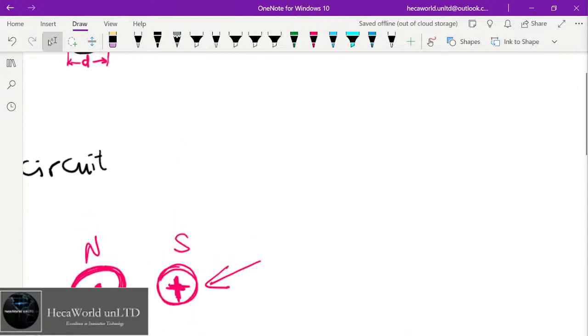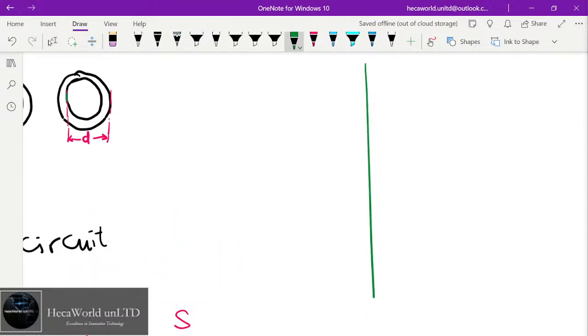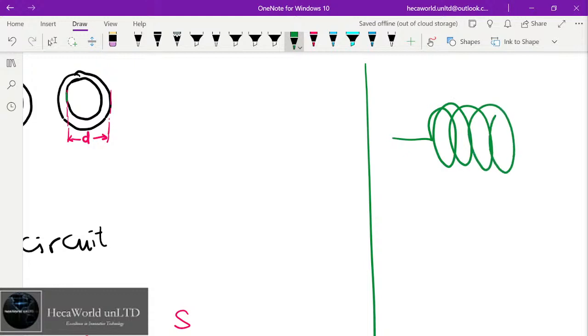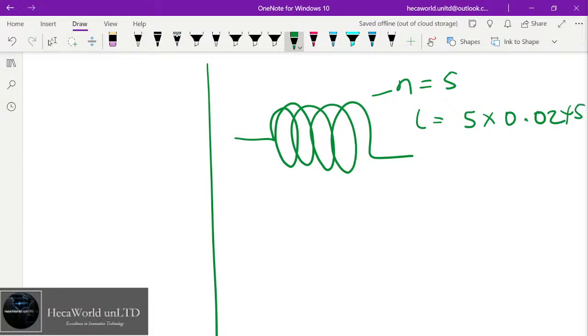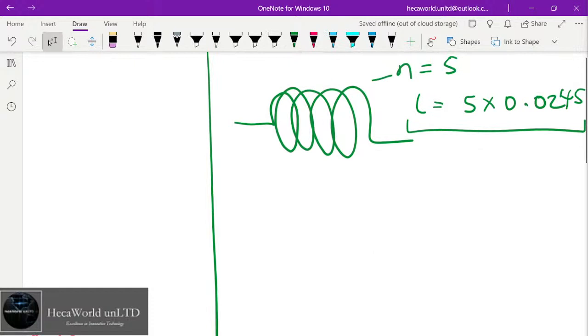Now, what we did yesterday in that video tutorial was we just made a coil of 5 turns. So N is equal to 5, and L is easy to calculate. Minimum L, we know it is 5 times 0.0245. That's our minimum L. And then we just plug it in.